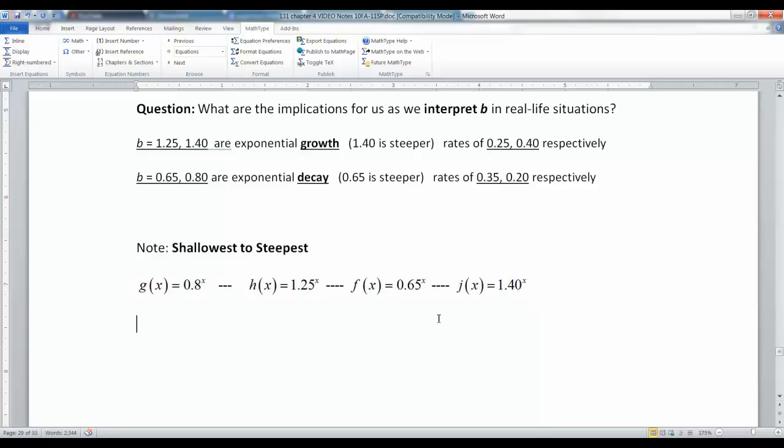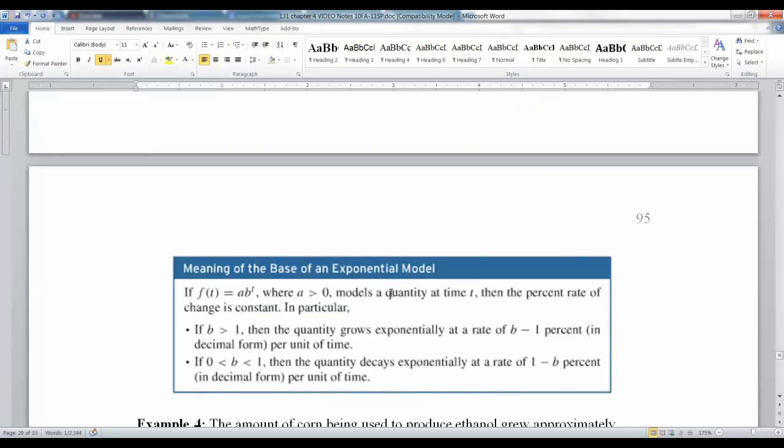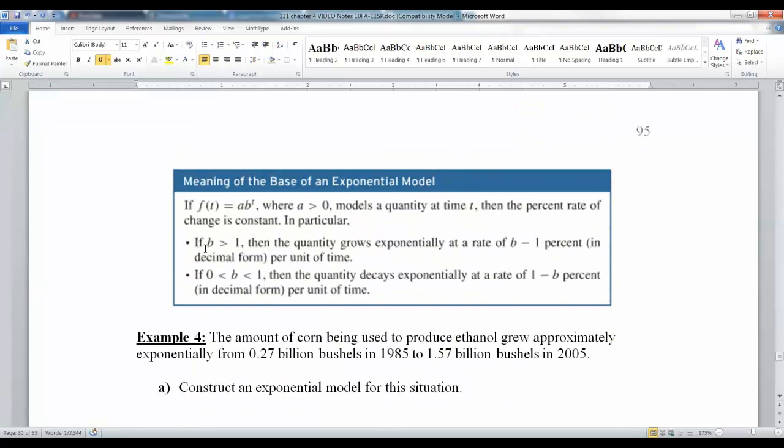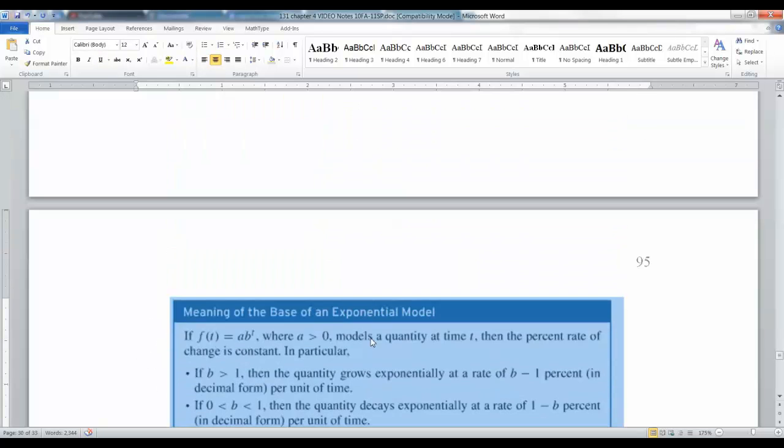I know it didn't ask it, but hey, it doesn't hurt you to spot it. Helps keep you honest. And then again, it's because of these rates. The ones with the smallest rates of growth or decay would be the shallowest. The ones with the largest rate of growth or decay would be the steepest. And that subtraction thing that I was just doing, that's right here in that box right there. Right? I subtract from 1 or take 1 away from it.